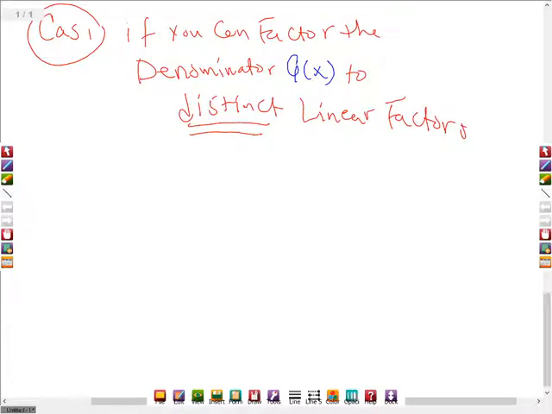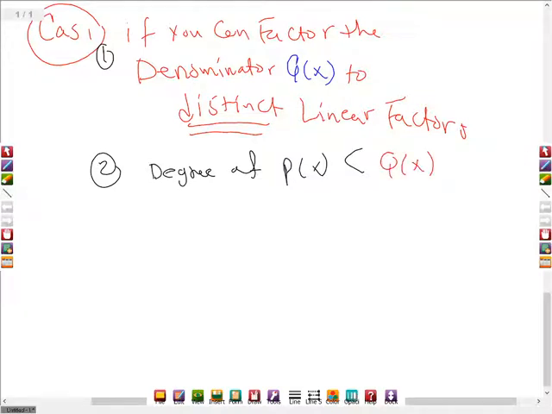I'm going to make this 1 and this 2: the degree of P of x, the top, is less than the degree of Q of x. Example: 3x over x squared minus 3x plus 2.